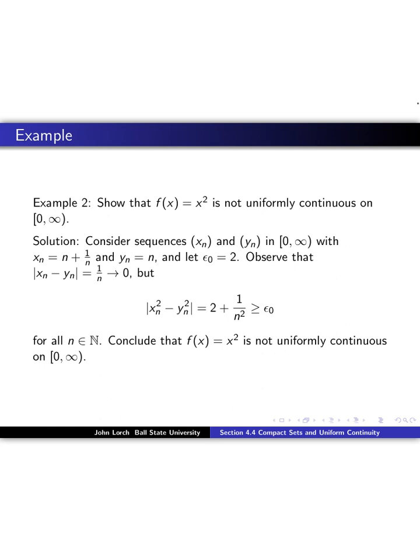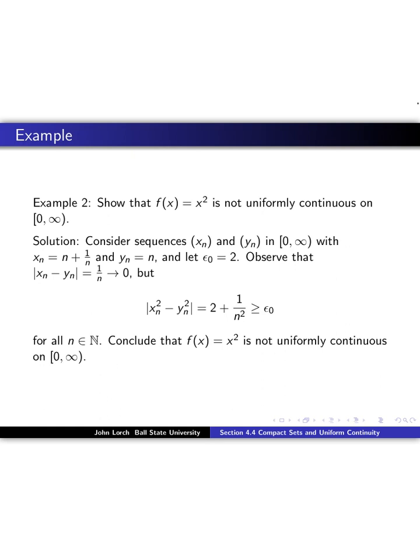So we're going to take two sequences, xn and yn, both living in the domain, where xn is n plus 1 over n, and yn is just n. And the epsilon we're going to select here is 2. So observe that for these two sequences, the difference, xn minus yn, tends to 0.